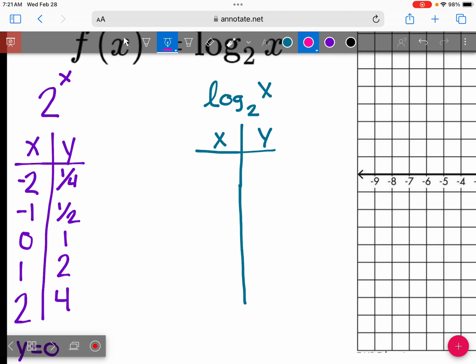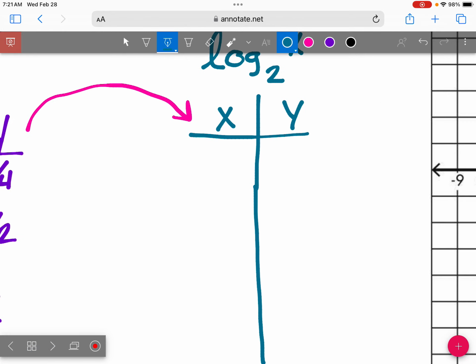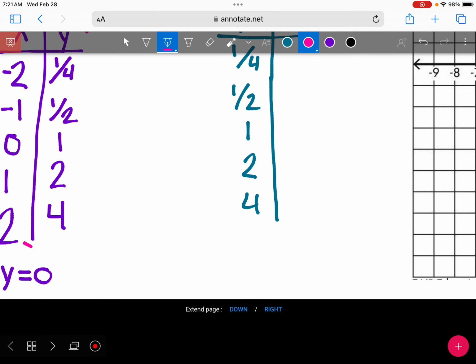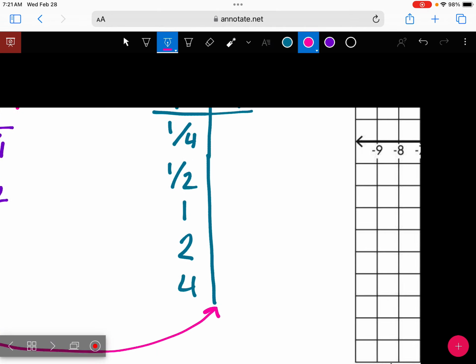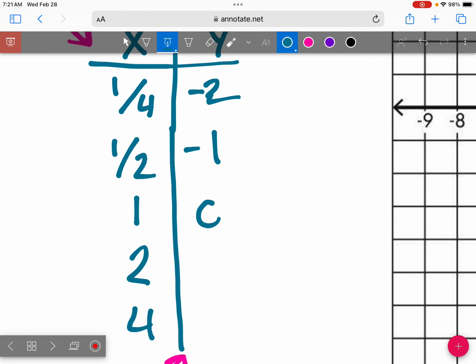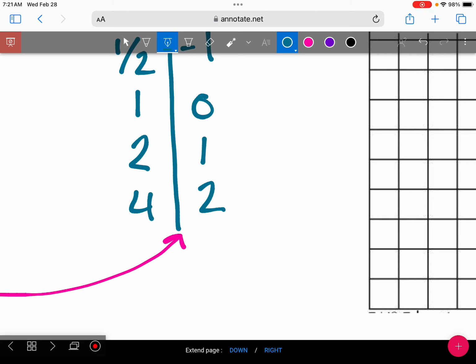So everything in the y column goes to my x column. So we're going to have our 1/4, 1/2, 1, 2, and 4. And if it used to be in the x column, it now goes in the y column. So we're going to have our -2, -1, 0, 1, and 2. And instead of having a y equals asymptote, we're going to have an x equals asymptote.